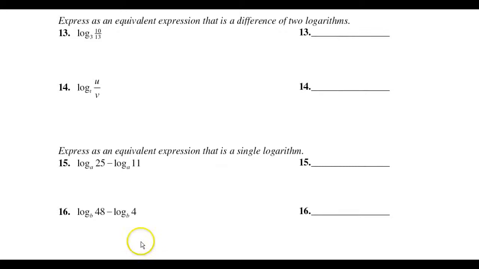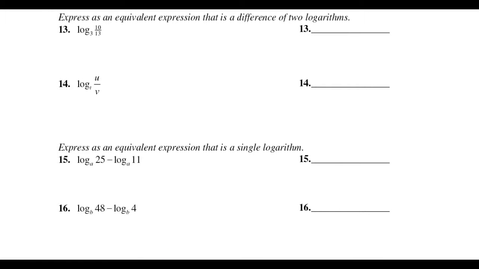Number 13. Now they want us to write this as an equivalent expression that is a difference of two logarithms. So here this will be log of 3, and this is going to be on top.